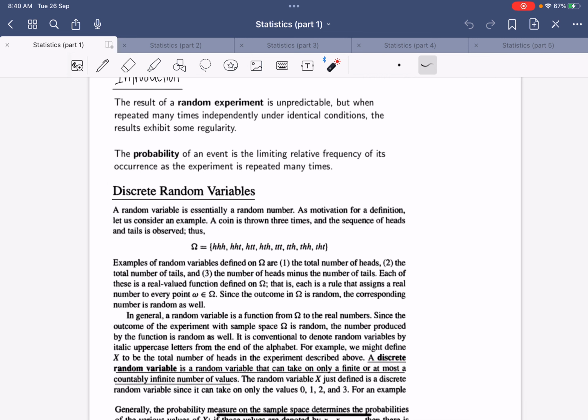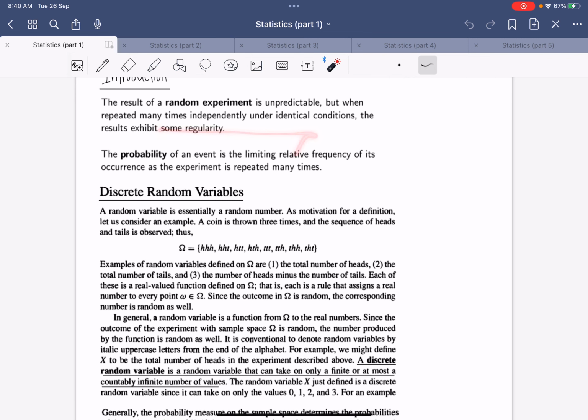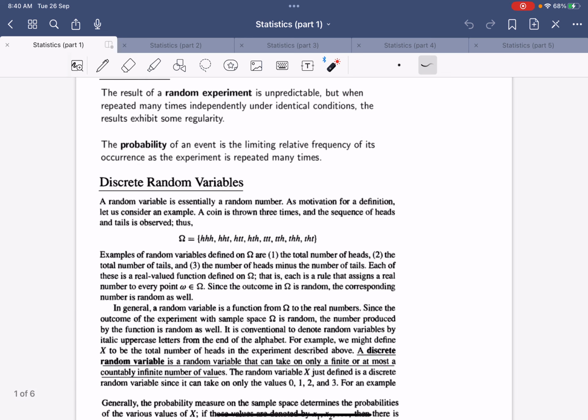It is really when you repeat many times independently under the same conditions, the results have some sort of regularity. So no one's biased to any result. And the probability is the limiting relative frequency of its occurrence as the experiment is repeated many times.